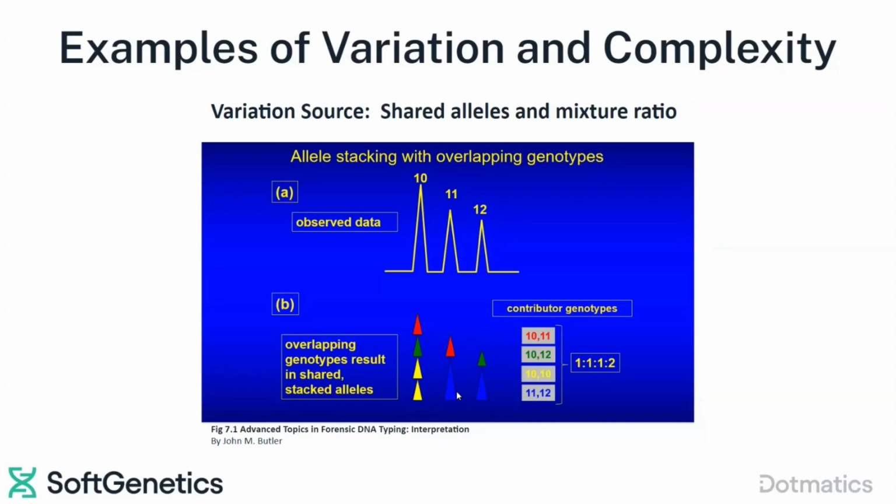And so we've got one individual that's an 11-12. And then we have a minor contributor at 10-10, homozygous, another minor contributor that's 10-12, and another minor contributor that's 10-11. So when first looking at this, it would be difficult to determine this composition from the stacked alleles.